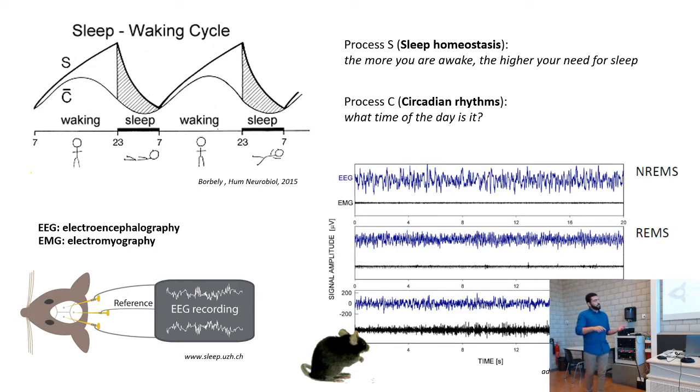So we are able to assess whether a mouse is in non-REM sleep, REM sleep, or is awake by assessing basically the brain waves as well as the electromyography, so the muscle movements. So as you can see here, a mouse can be in non-REM sleep, which is defined by large amplitude, slow waves. REM sleep, which is defined by short amplitude, very fast waves. And wakefulness with the analogous EMG, so muscle movement.